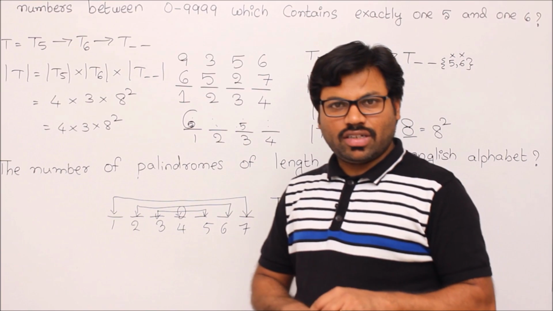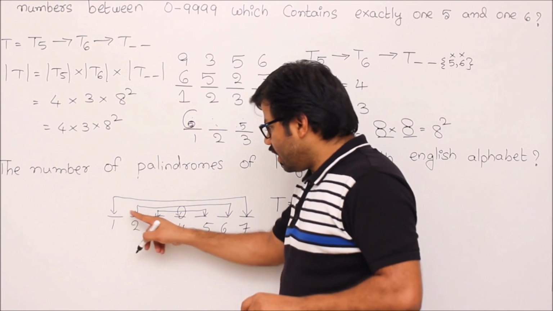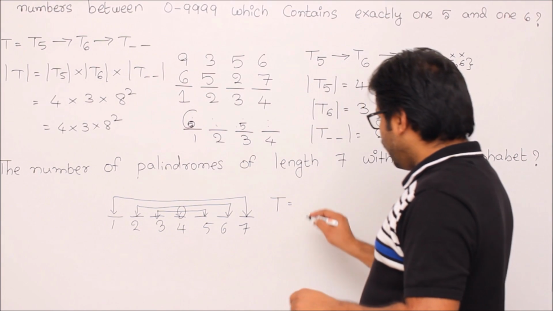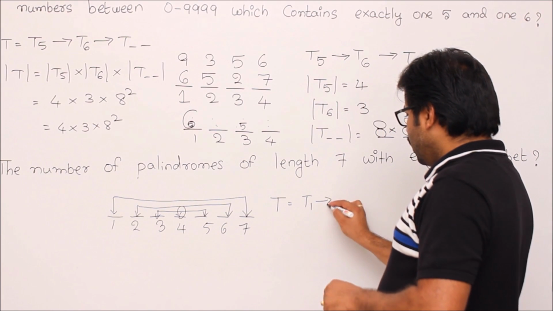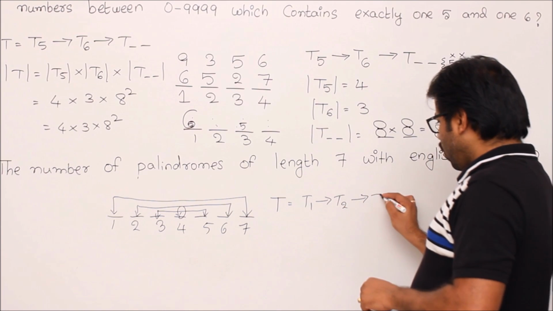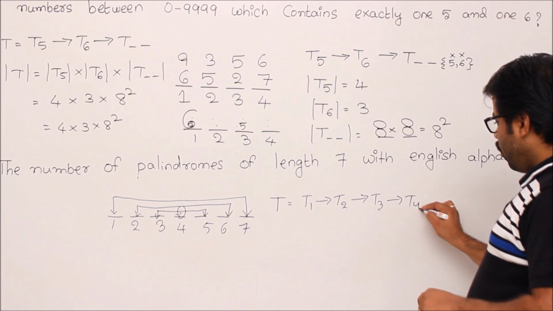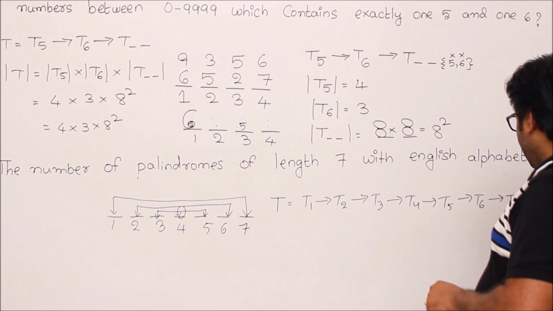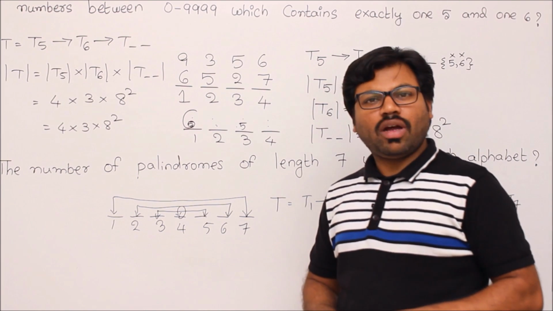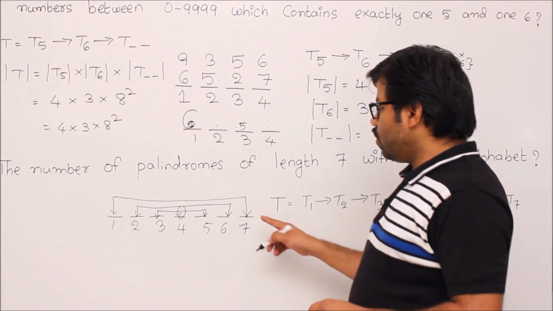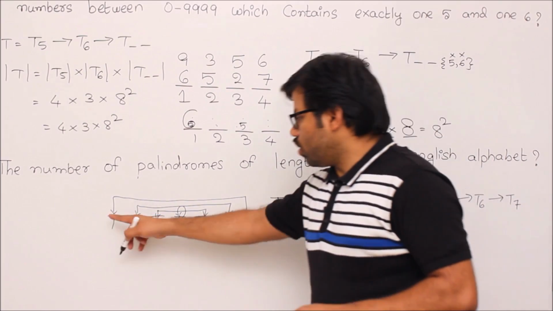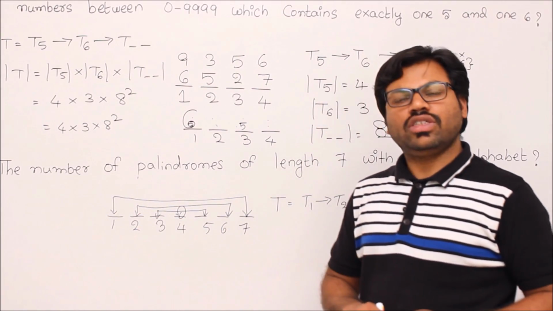I can't escape that. So by filling these positions carefully, I can form any palindrome. Let's design a task sequence: T1 followed by T2 followed by T3 followed by T4 followed by T5 followed by T6 followed by T7. Every position should be filled appropriately, and we should remember the conditions of a palindrome, that is, 1 should equal 7, 2 should equal 6, and so on.